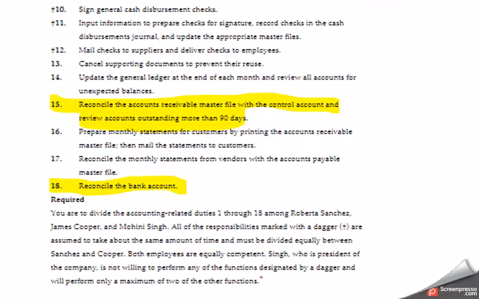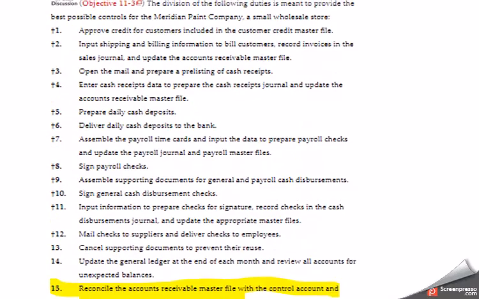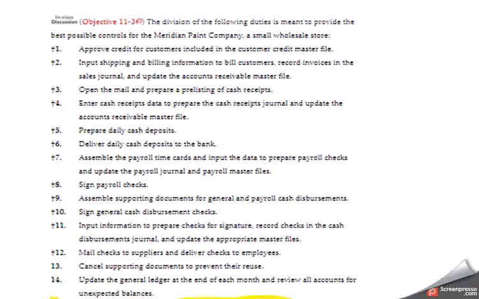Okay, then the other 2 we're going to try to split, so that one of them is going to have custody of assets and the other one is going to be more in charge of actually recording those assets.